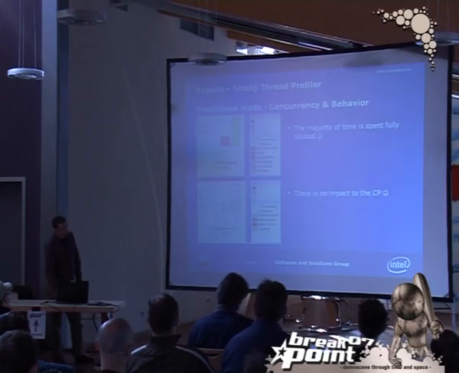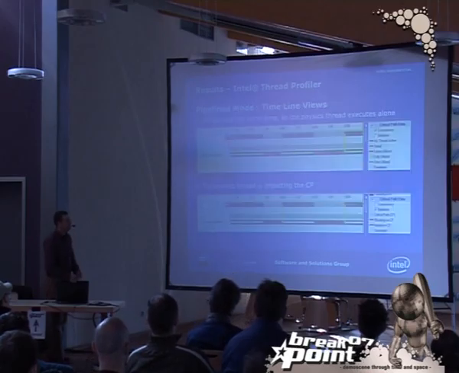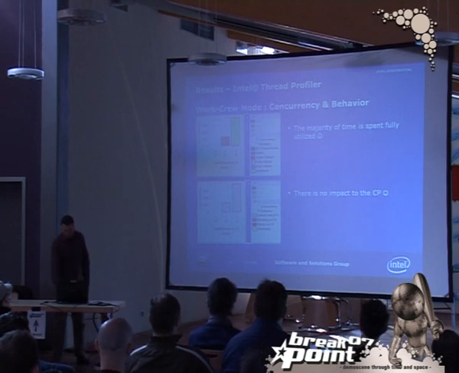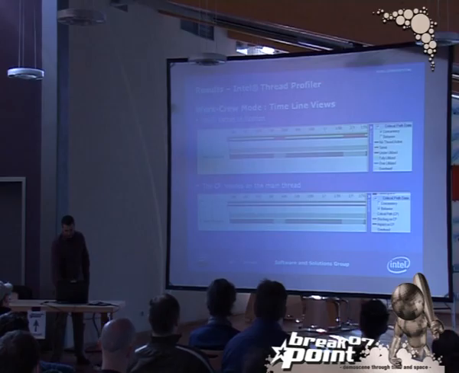And you could see that in the timelines as well. But with the work crew technique, you get much better utilization and no impact to the critical path. And the timeline views showed that off as well.